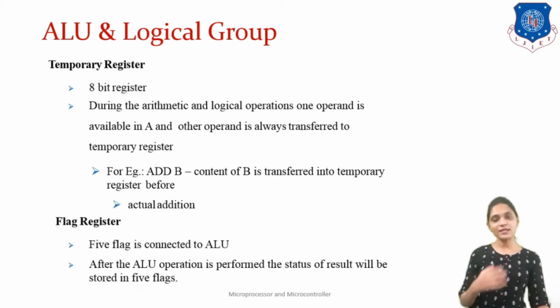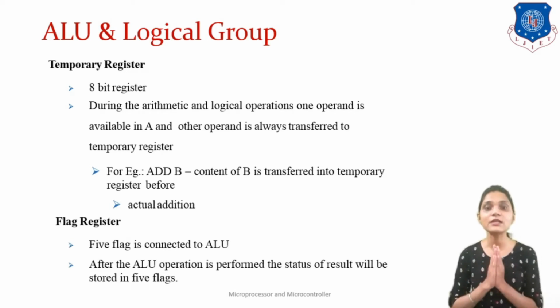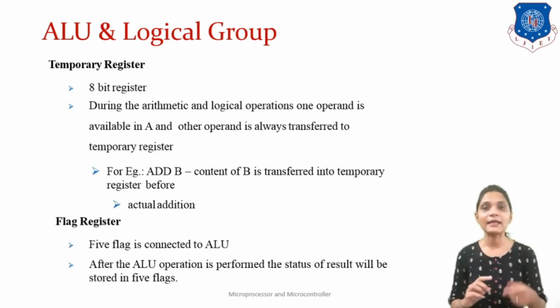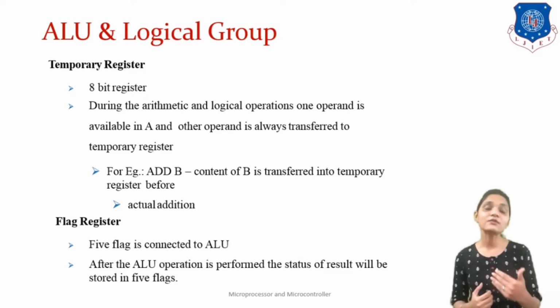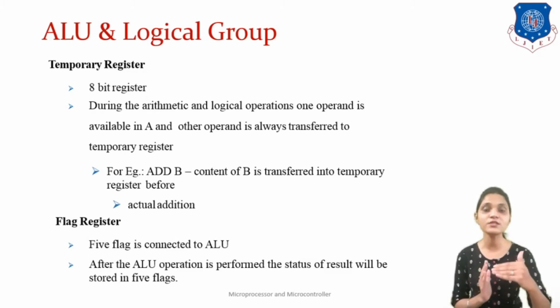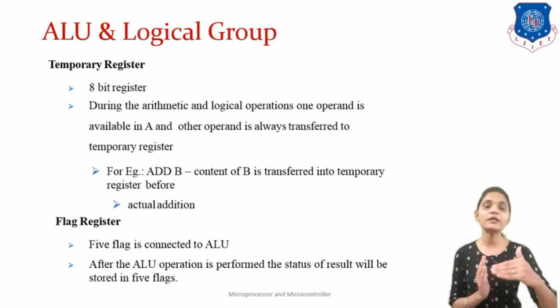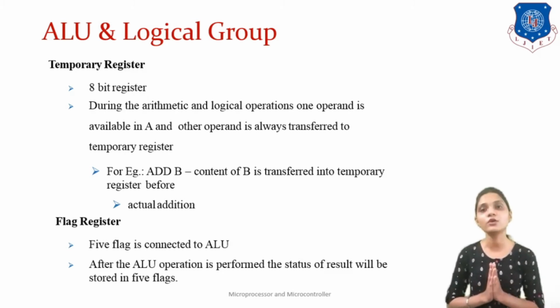And the flag register, as we have already discussed, contains the 5 flags: sign, parity, carry, zero and auxiliary carry flag. These are the basic 5 flags which we are using, and these flags are set or reset according to the result of the ALU. Whatever last operation you have done inside the ALU, according to that the result is updated in the flags also.